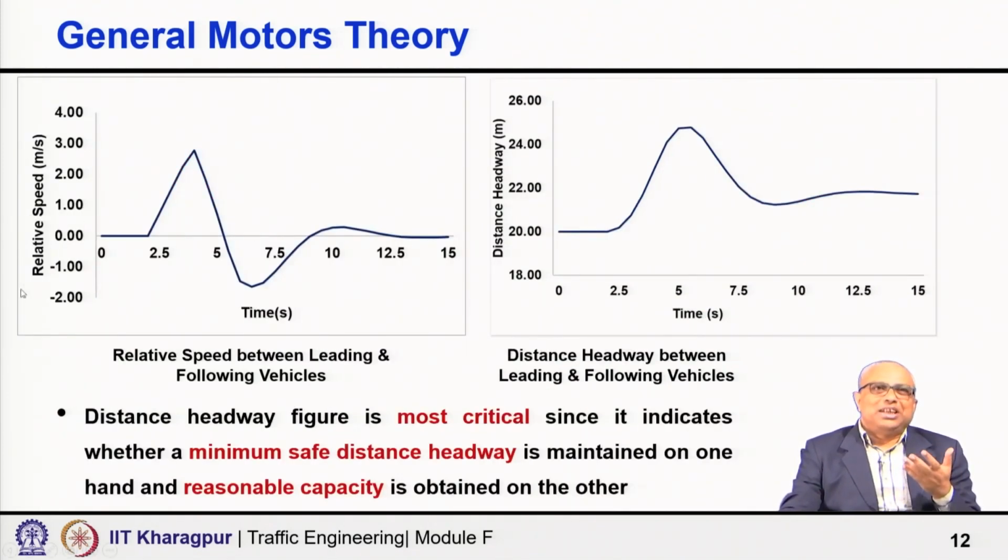Here we are trying to show the relative speed, and here it is the distance headway, very interesting. The relative speed also shows that it is always trying to catch up, right. When the lead vehicle suddenly accelerates, the relative speed becomes higher, but then immediately in response the following vehicle also starts accelerating so that it can catch up.